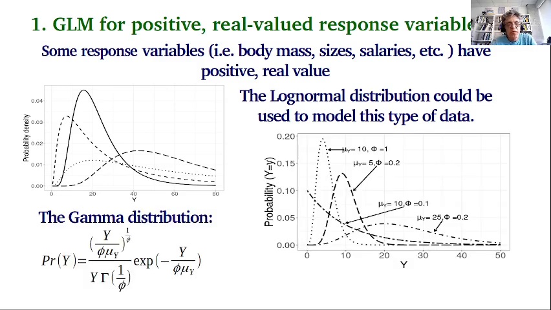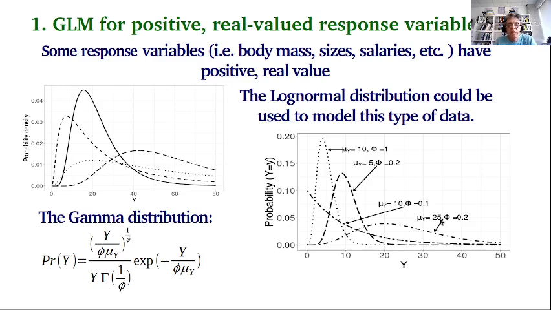So the gamma distribution, here shown in one of its many possible ways of framing it, belongs to the exponential family of distributions, and here is shown for its two parameters, mu and the dispersion parameter phi. This distribution has a variety of shapes that ranges from the negative exponential, which is a special case of the gamma distribution for some parameters, to a very symmetrical shape for some values of the parameters.